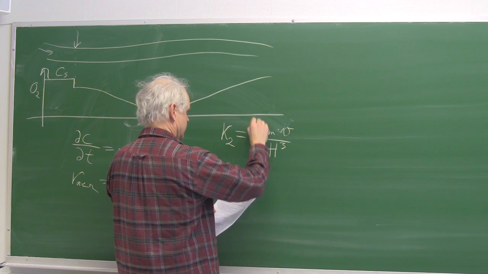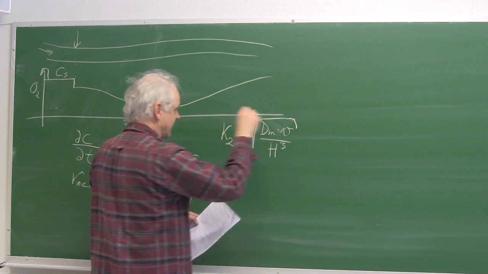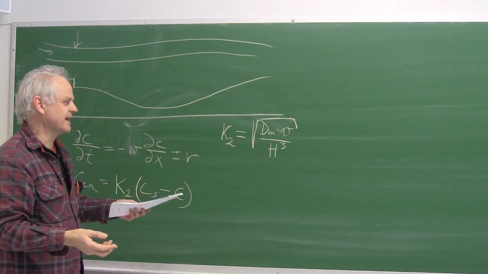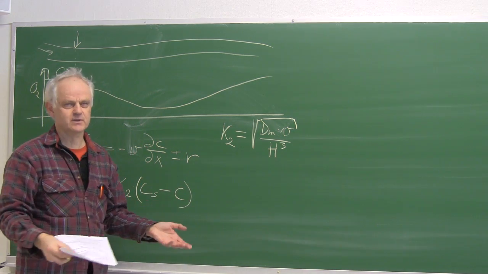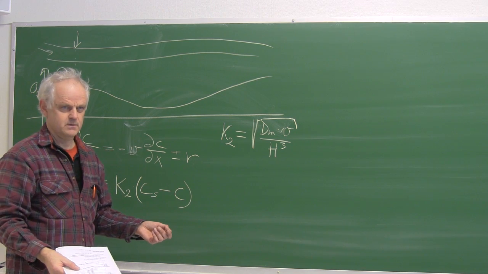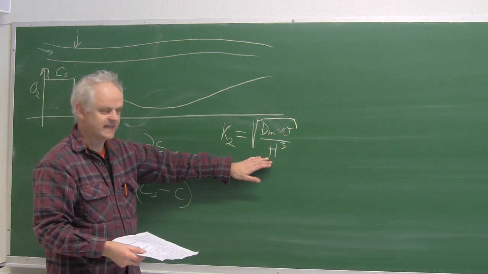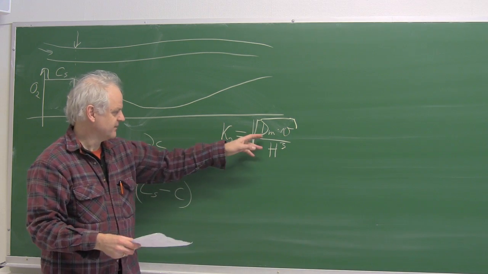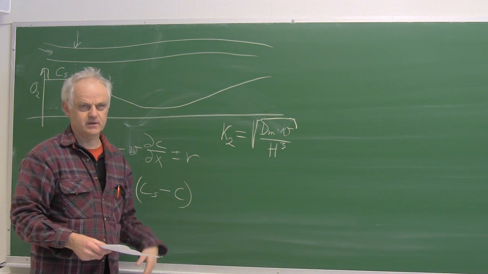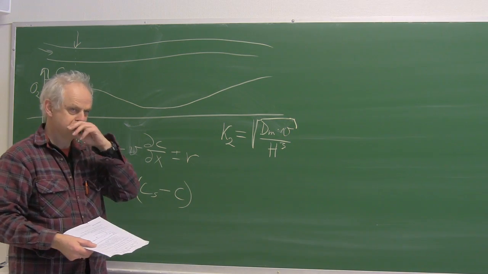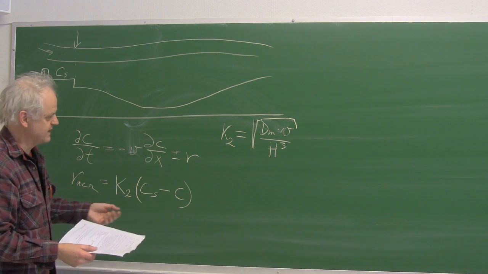That's just an empirical formula that takes all these things into account: height or depth, kind of a diameter, and the velocity. All this adds up, and it turns out to work okay, so it's being used.